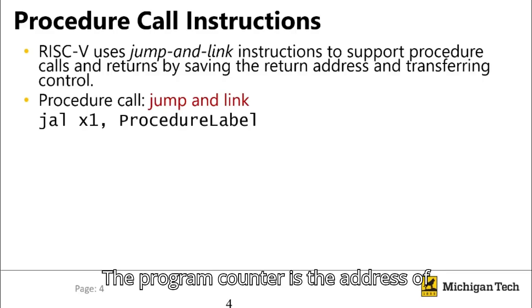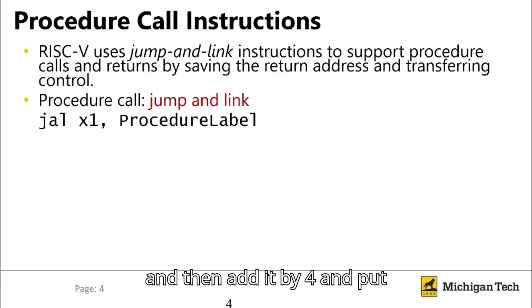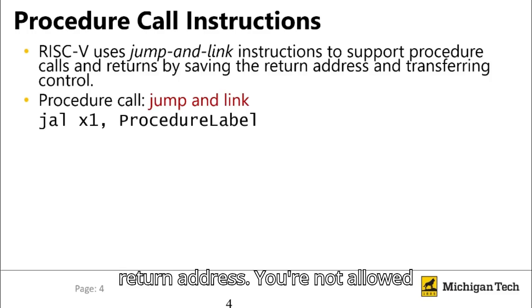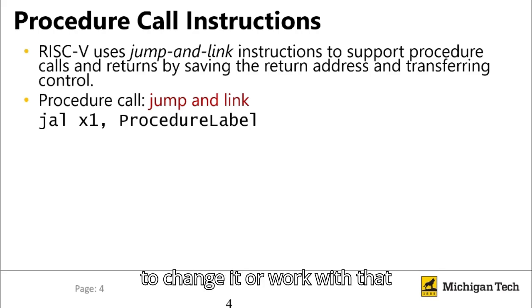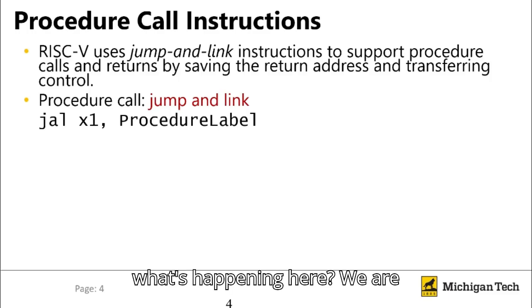Automatically, this instruction can compute the program counter. The program counter is the address of this instruction in instruction memory, and then it is added by 4 and the result is put in x1. x1 is one of those registers that is used just for the return address. You're not allowed to change it or work with it as a normal register. So what's happening here? We are adding to the program counter.